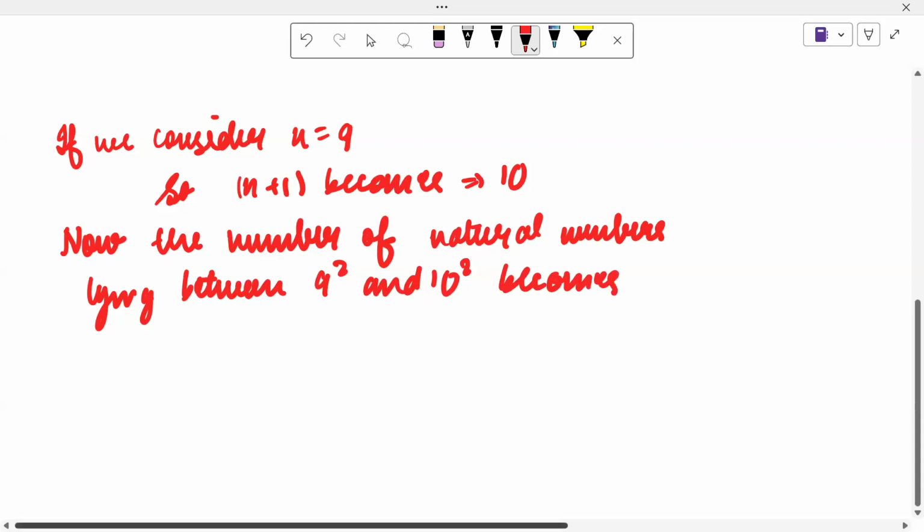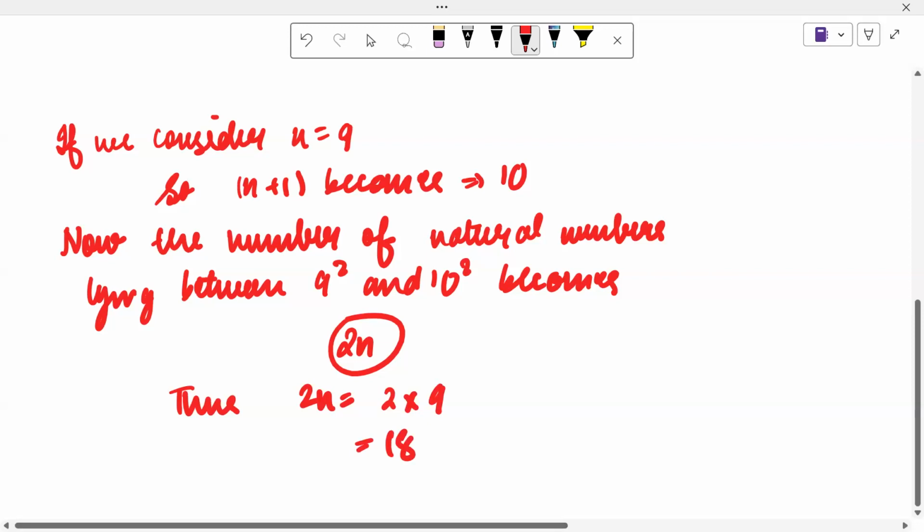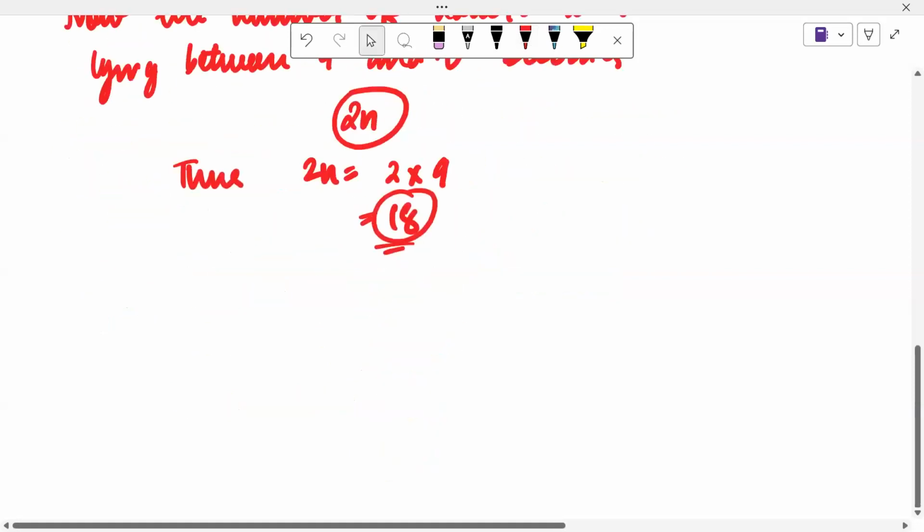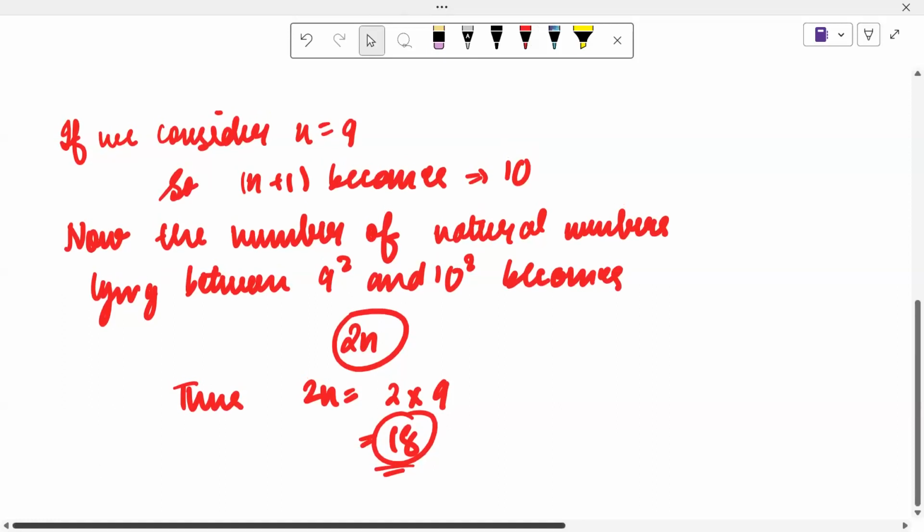Ammar, you tell me. 2n. Very good. Becomes 2n. Thus, 2n is equal to 2 into 9 and the answer comes out to be 18. So the number of natural numbers is 18. Okay? Okay, ma'am.